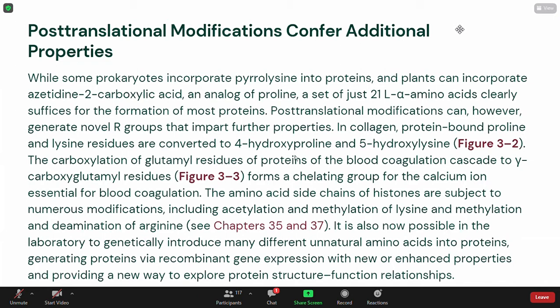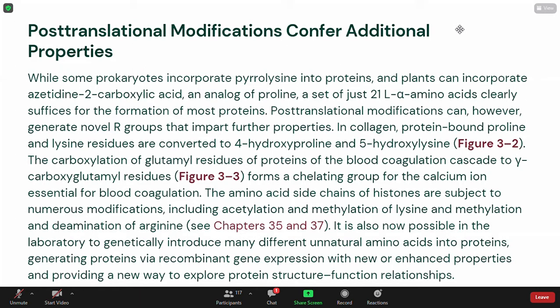So that's why we call it post-translational modification. Now, yesterday we were talking about collagen. The proline becomes hydroxyproline and the lysine becomes hydroxylysine. Okay. So before it is released to become a functional protein, there are modifications added to it.